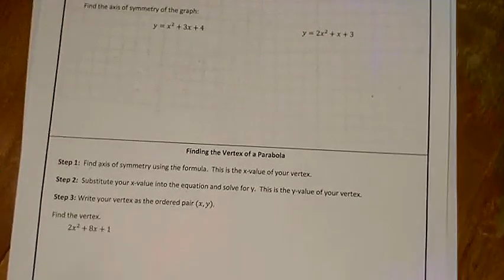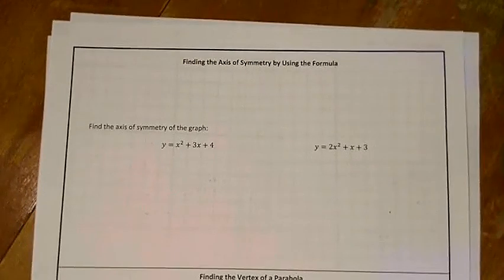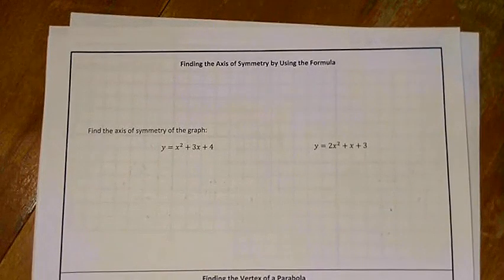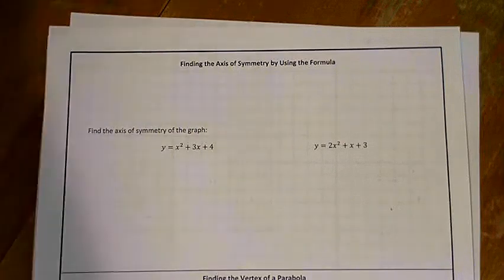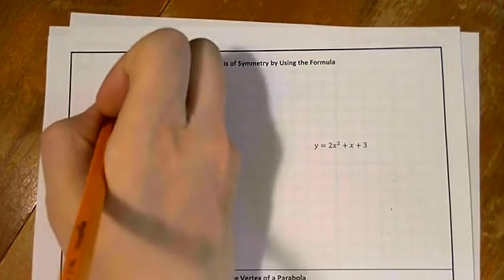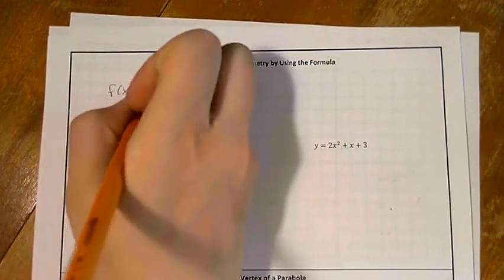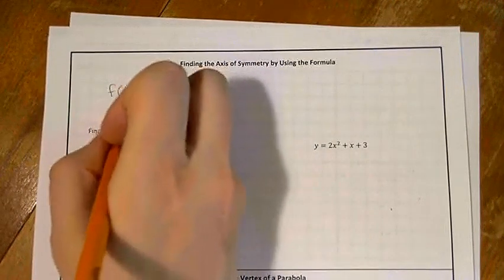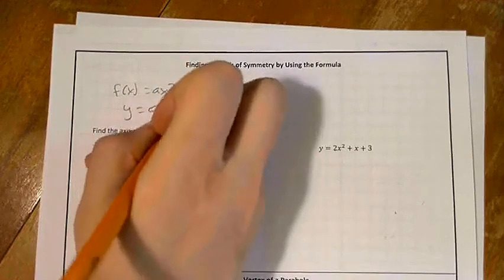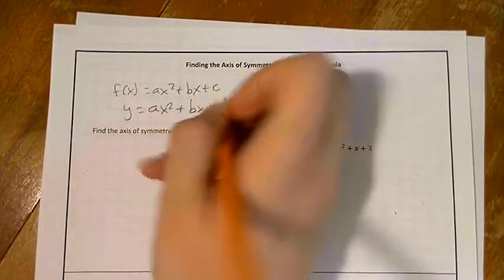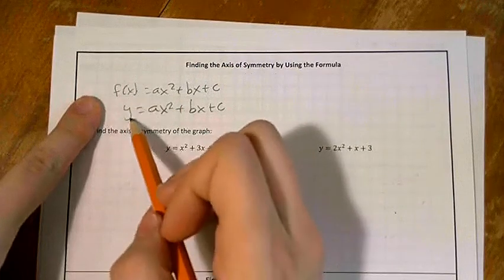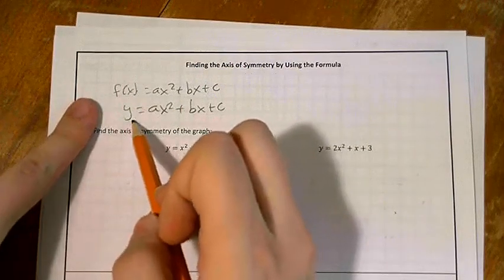We want to find the axis of symmetry using the formula. So remember, we have something like f of x equals ax squared plus bx plus c. This could be y equals ax squared plus bx plus c. It doesn't matter if it's f of x or y, right? One's function notation, one is y. It's fine either way.